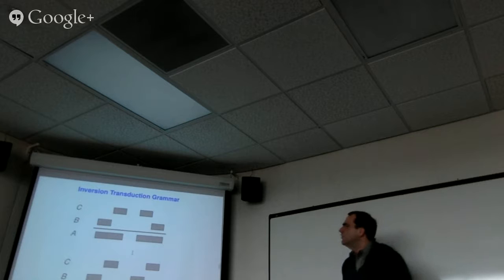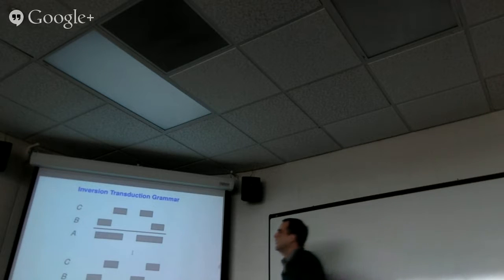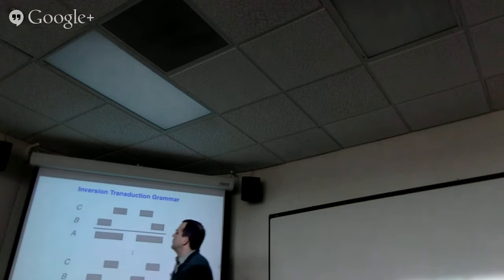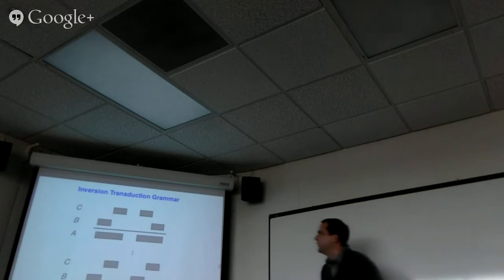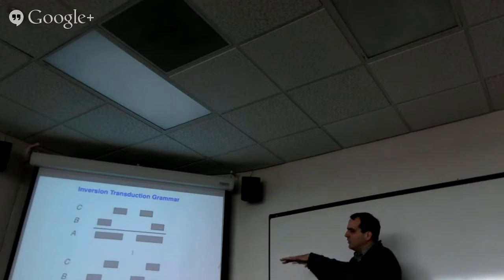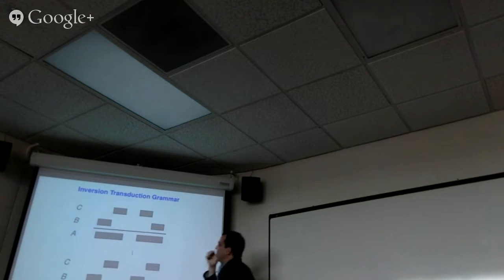So inversion transduction grammar, this is synchronous context-free grammar with two non-terminals on the right-hand side. So here's the two non-terminals on the right-hand side, and you're combining them to make the non-terminal on the left-hand side. And so now you're parsing English and Chinese. So think of taking the English string and gluing it together with the Chinese string to make one long string that you're parsing.